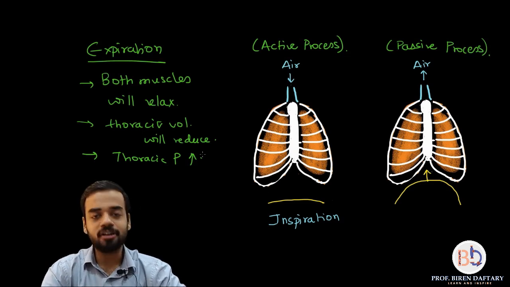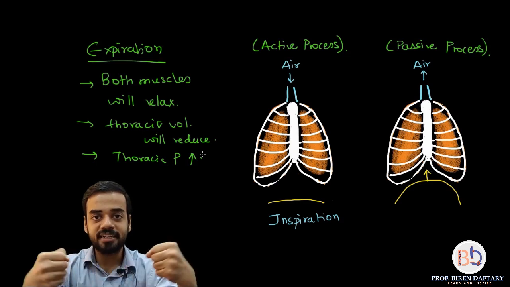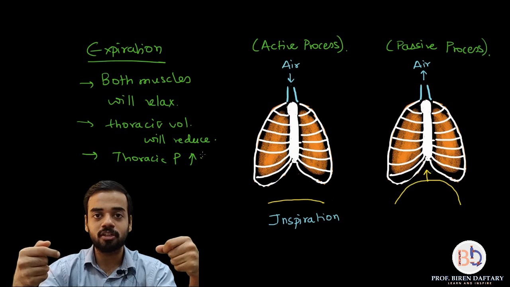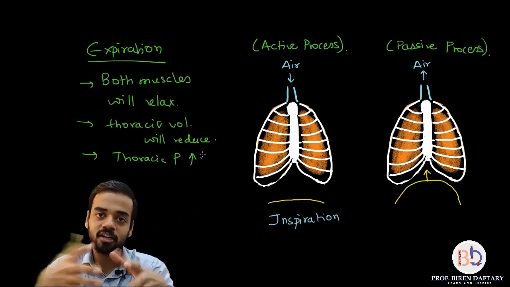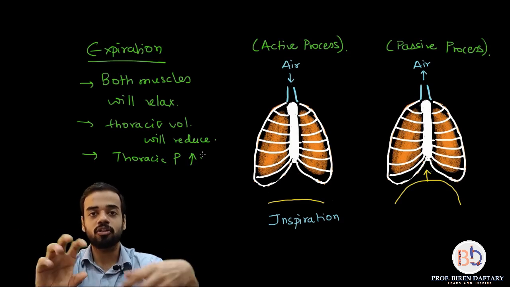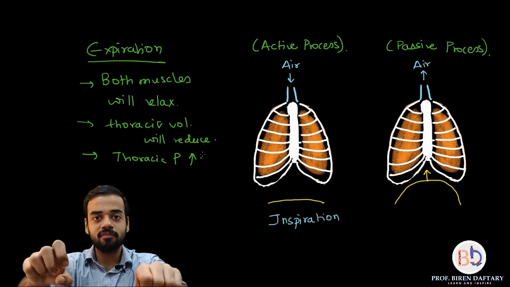See, contraction of muscles is like this. If you pull a string, you require energy. You are basically creating tension by pulling the string. But if you want the string to go back to its original position, you don't need to push it. If you leave it, it will go back. You don't require energy to do that. Similarly, if you have a wet cloth and you twist it, you require energy. But if you leave it, it will uncoil.